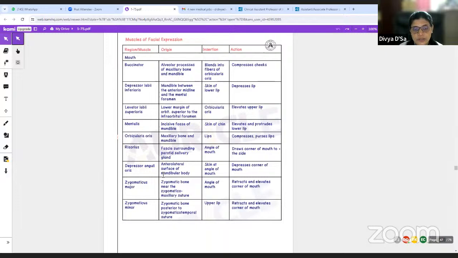We have orbicularis oris. Orbicularis oris has its origin from the maxilla and the mandible, and it gets inserted into the lips. It compresses. So with orbicularis oris you can compress, squeeze, and also purse the lips.